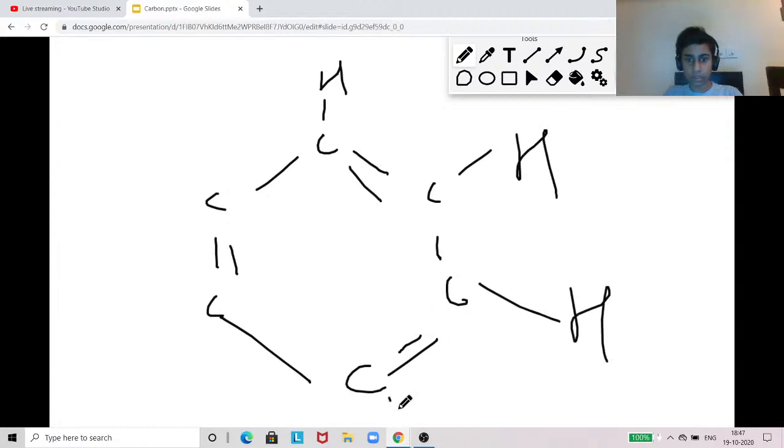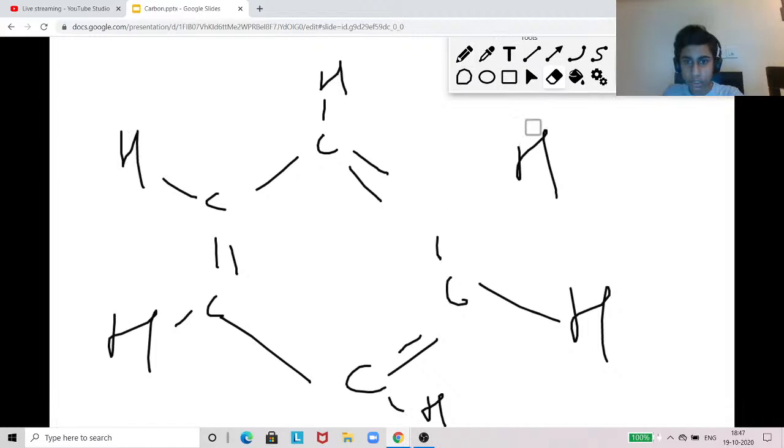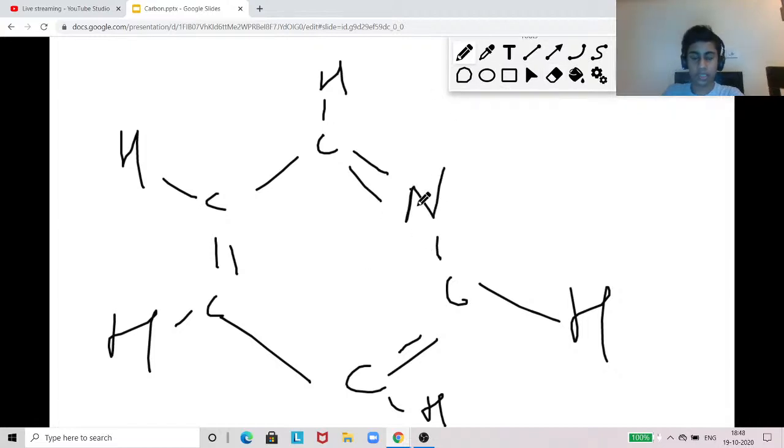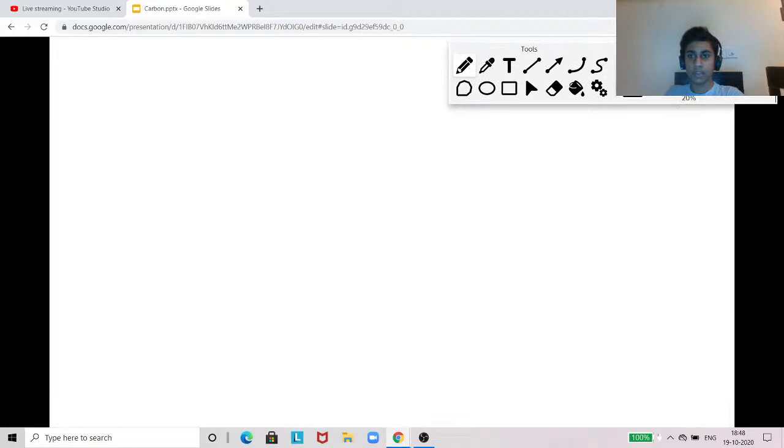Let's just draw all the hydrogens for now. Now, let's say we have this carbon and hydrogen, and instead of these two, we have a nitrogen. So nitrogen can take its place. Now the compound is not exactly benzene anymore. It's a different compound. So this is a heterocyclic compound. We'll understand what hetero means soon enough.